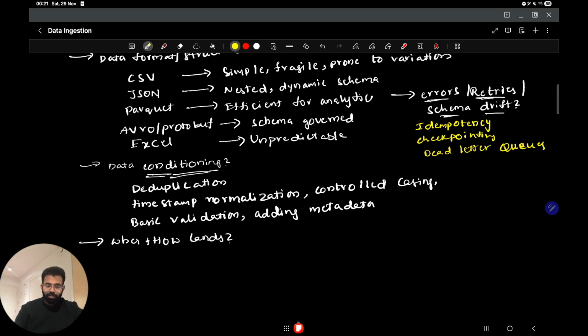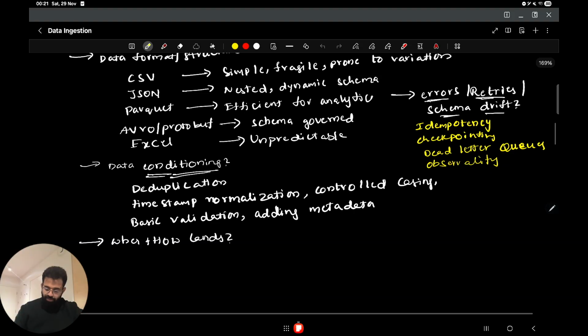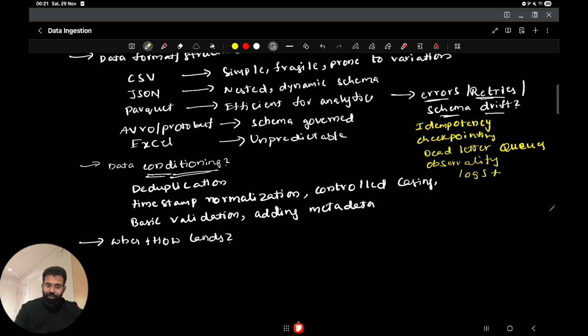And of course you should also focus on observability. When we say observability, there are mostly 3 points involved in it, which is logging, metrics and lineage.